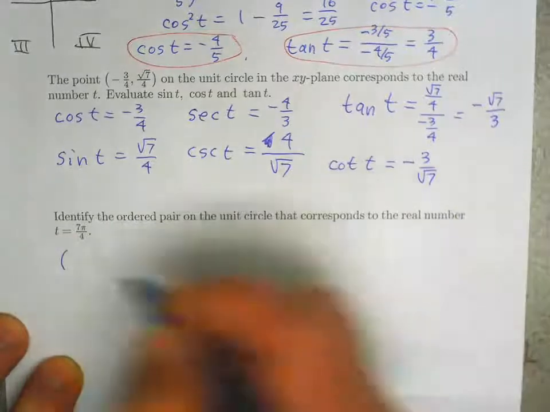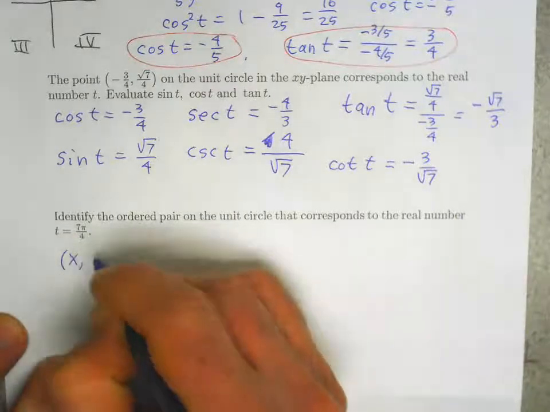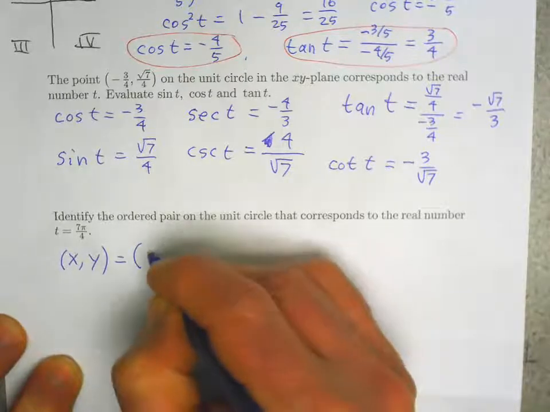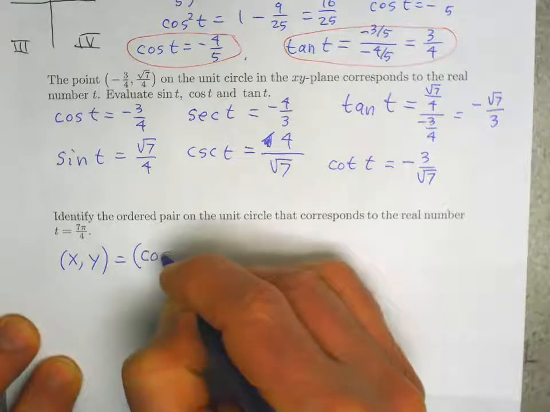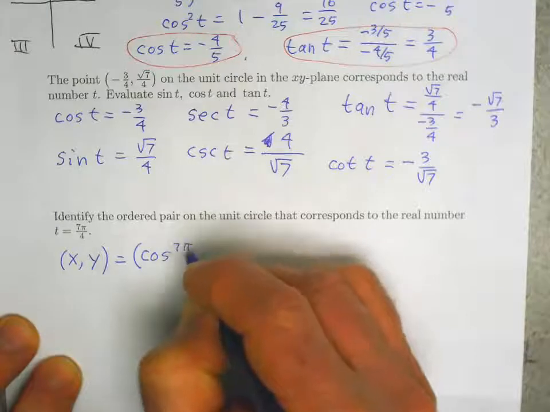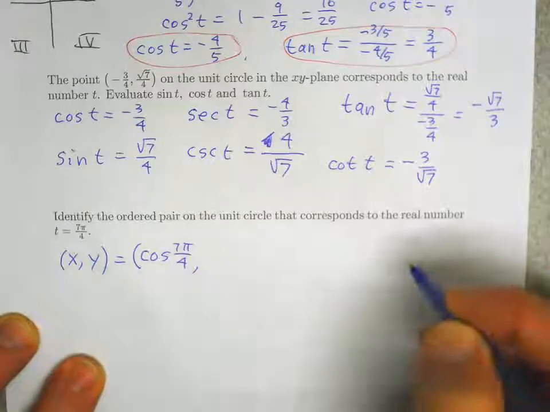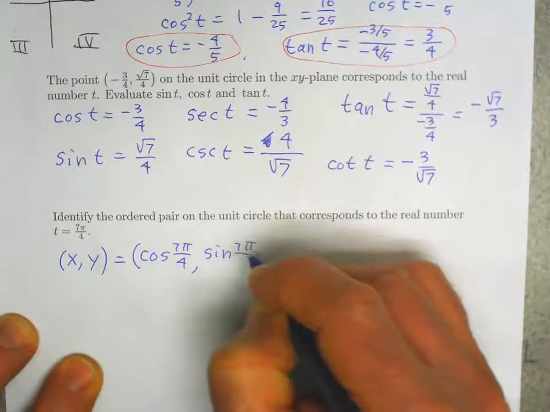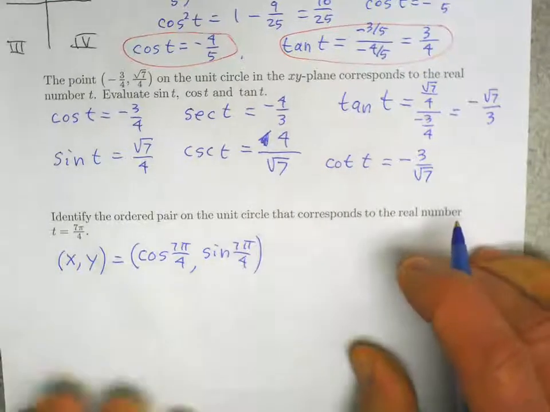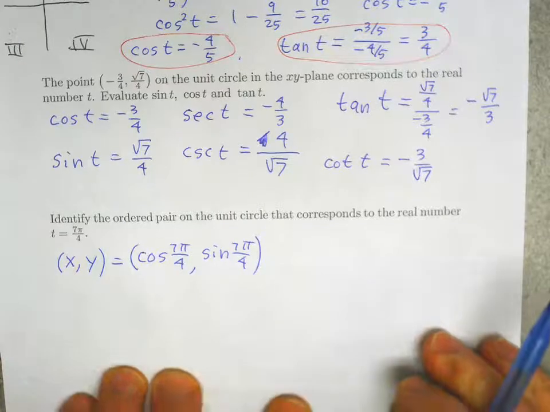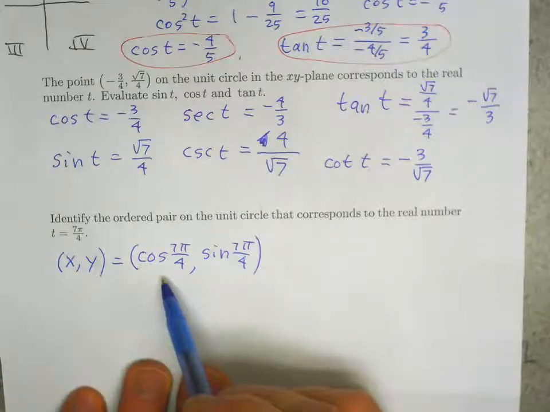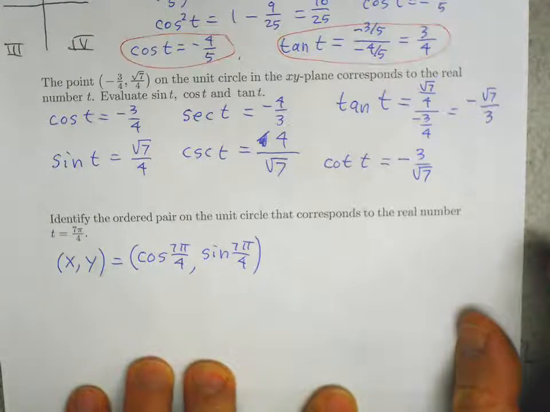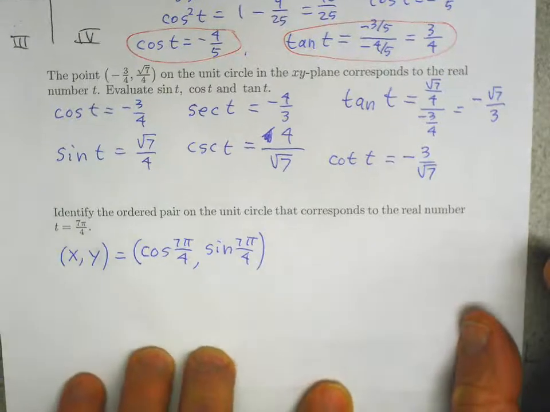Well, if this were on a test, you would at least get partial credit if you wrote that the ordered pair is cosine of 7π/4 for the x-coordinate and sine of 7π/4 for the y-coordinate. That's worth a couple of points. But this involves special angles, so we can determine what the exact values of those are.